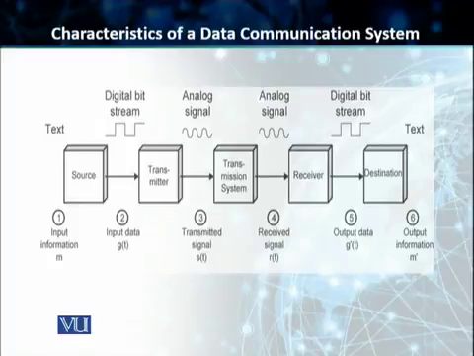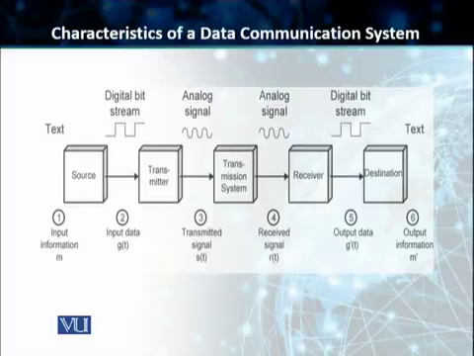Students, receiver will receive this analog signal and it will try to recreate that signal using multiple techniques that we will study about, and it will try to recreate this signal in the form of a digital bit stream that we are calling g'(t) in this particular example.